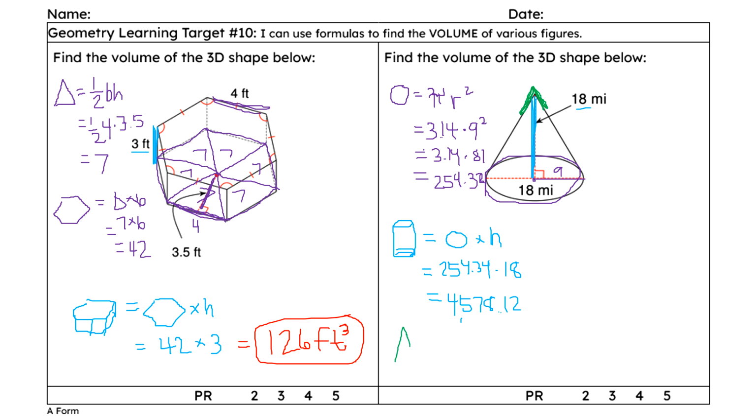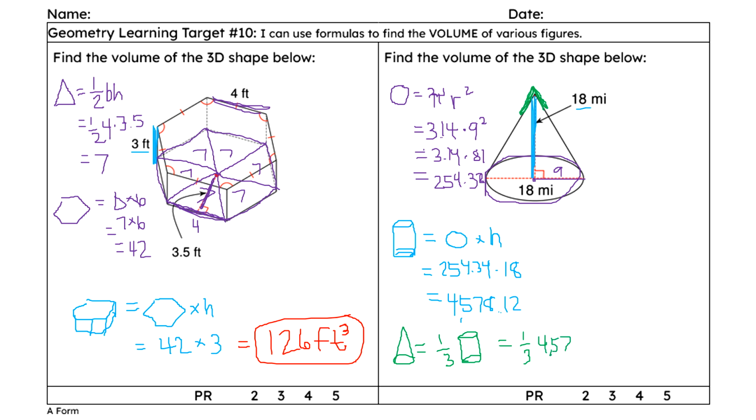So the cone is going to be 1/3 the volume of a cylinder. 3 of them would fit inside. They'd have to squish and that kind of thing, but 3 of them would fit inside. So I'm going to find 1/3 of my cylinder volume.